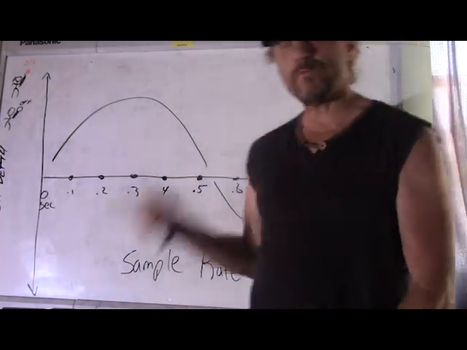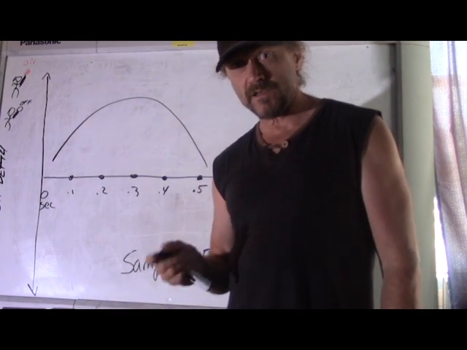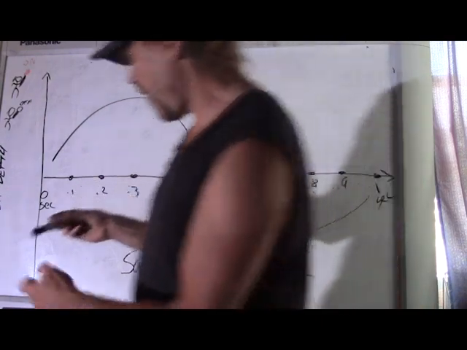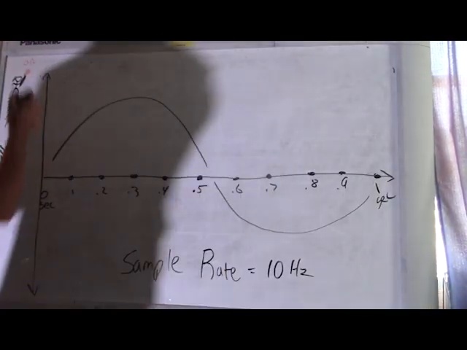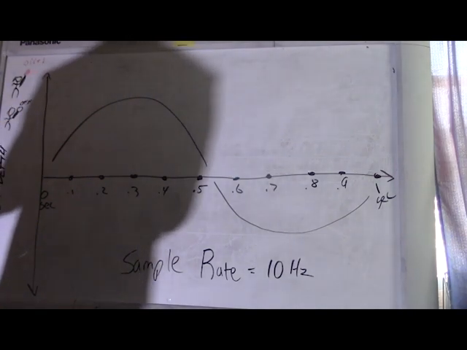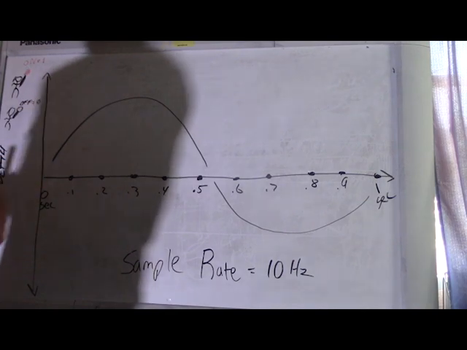Okay? But in the computer, we're not going to have on be yes and off be no. We're going to have on equal the number 1 and off equals the number 0.